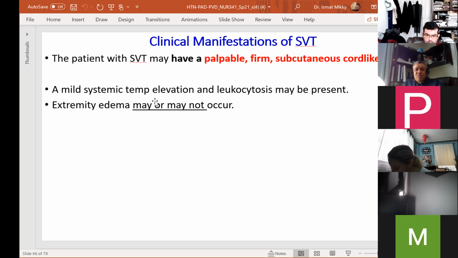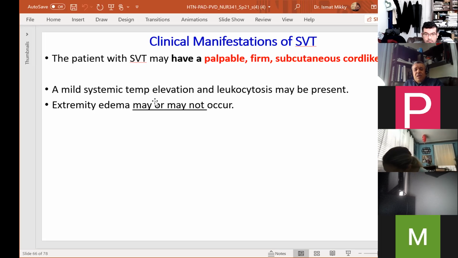The treatment is to remove the catheter. If there's edema, you elevate the extremity. For pain and inflammation, you would give NSAIDs and add warm, moist heat.